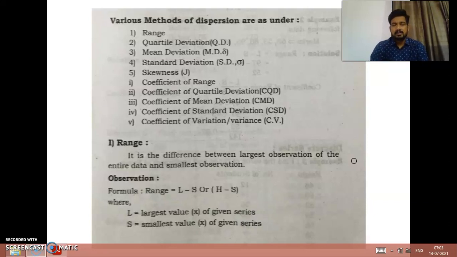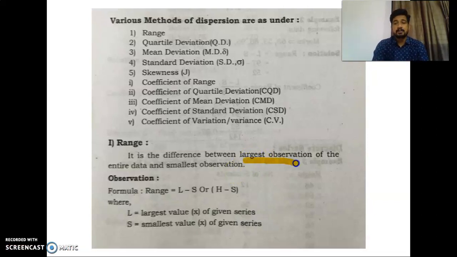So that is the difference between the first observation and the last observation, the smallest observation and the largest observation, the starting point and end point. The distance in between these 2 points is called a range. So the same logic is applicable here. It is the difference between the largest observation and the smallest observation. Okay, so this is called a range.